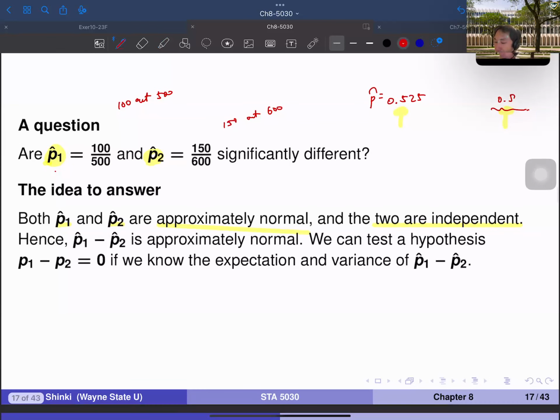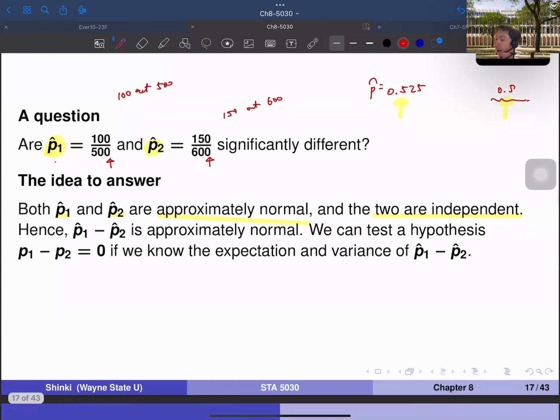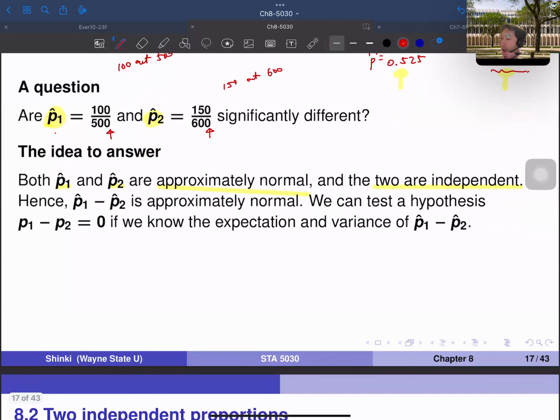Our assumption is that from population 1 and population 2, we randomly selected 500 people and 600 people, and these people are unrelated, so these are just independent samples. If these two are independent, then the linear combination of two independent normal random variables is again normal.